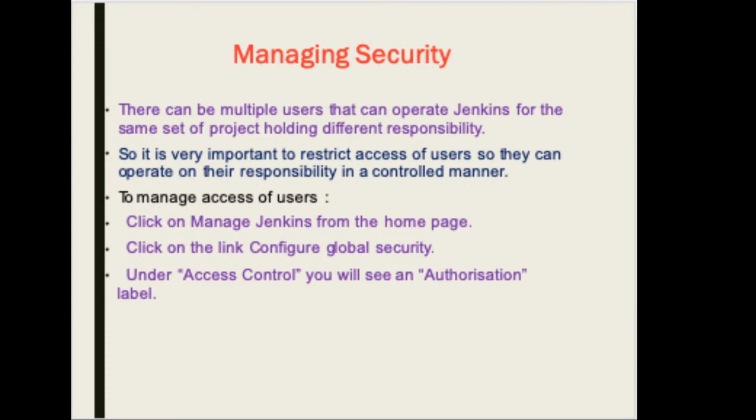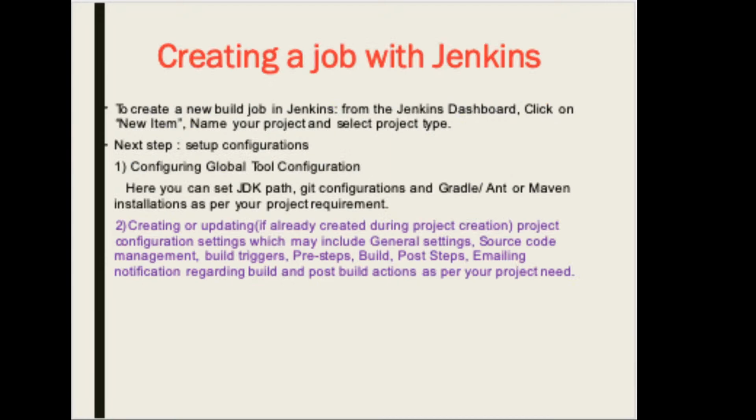Very simple. To manage access of users, click on Manage Jenkins from the home page. Click on the link Configure Global Security. You go to Access Control. You will see an authorization label.